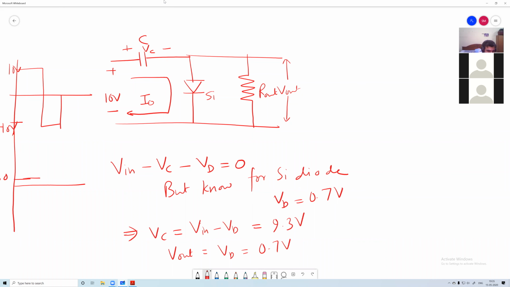So this will be my output. This part is clear. This part is okay. All of you agree about the positive half cycle, right? Now for the negative half cycle.